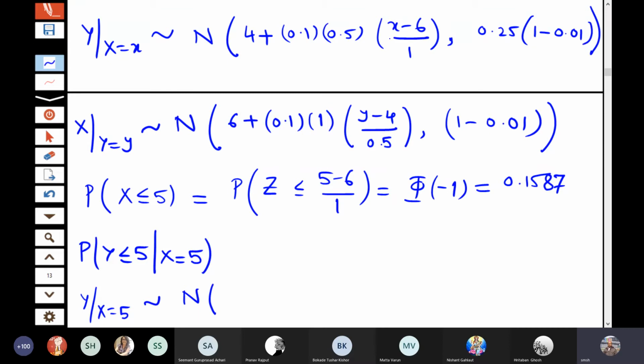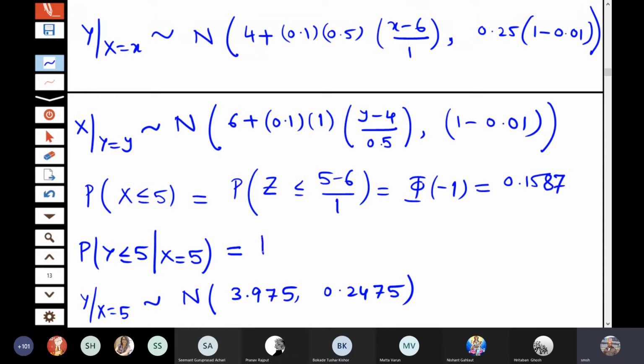This will be simplified, 0.05, so it will become 3.975. Similarly, this part you can simplify, that will give me 0.2475. So this is the distribution here.